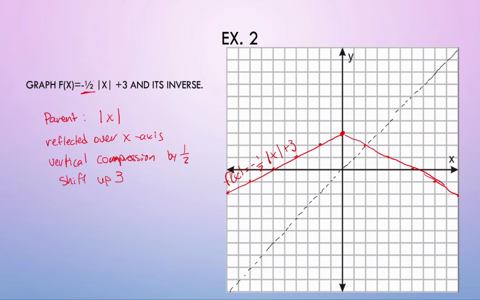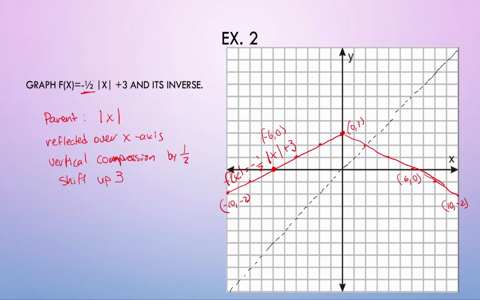So if I label some points here, this is the point 0, 3. I've got a point here at -6, 0. I've got a point at -10, -2. I've got a point at +6, 0, and a point at +10, -2.